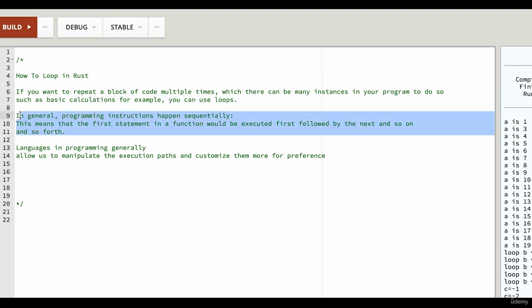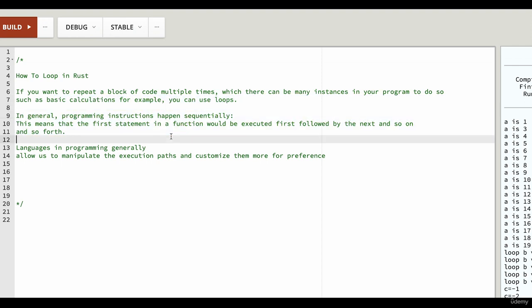That takes us to our second part about loops, which is the sequential element of programming. Programming generally has a sequential path in which it moves from one element in a sequence to the next. Think about a trickling effect, like a waterfall that flows in a certain direction, and each statement has to happen one at a time. So think about a function.